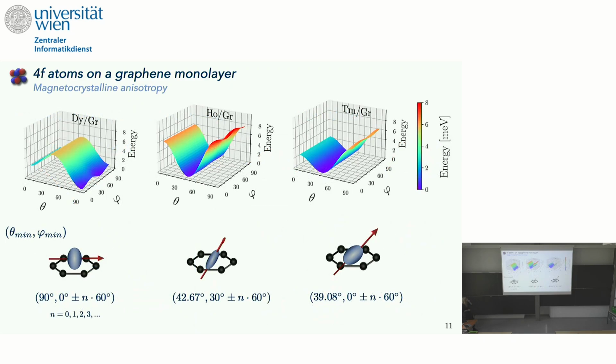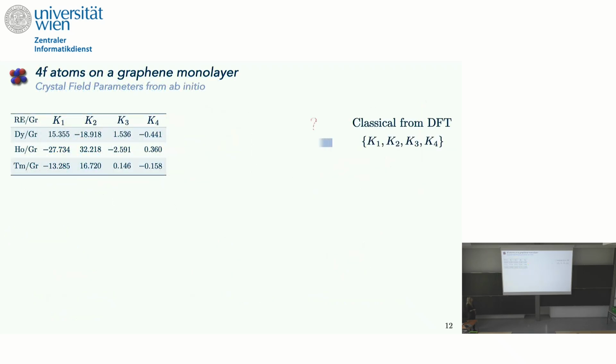So here's just another point of view, the three-dimensional magnetic anisotropy surfaces and the absolute minima. So we find in-plane easy axis for dysprosium on graphene and some kind of canted easy axis for holmium and thulium on graphene. So at this point, we said at the beginning that it's important to go to the quantum picture.